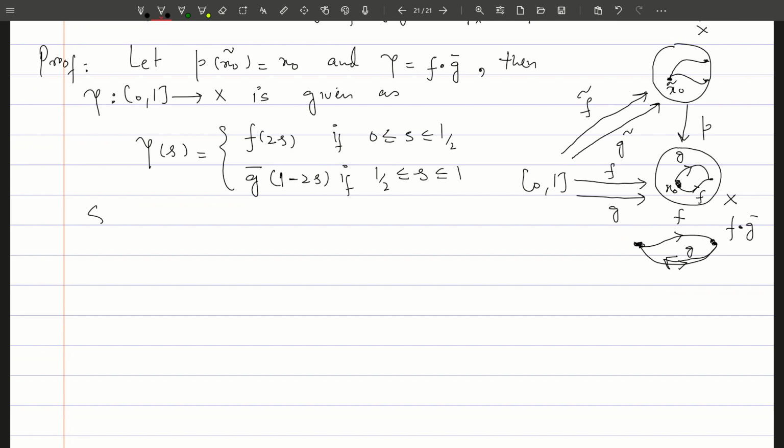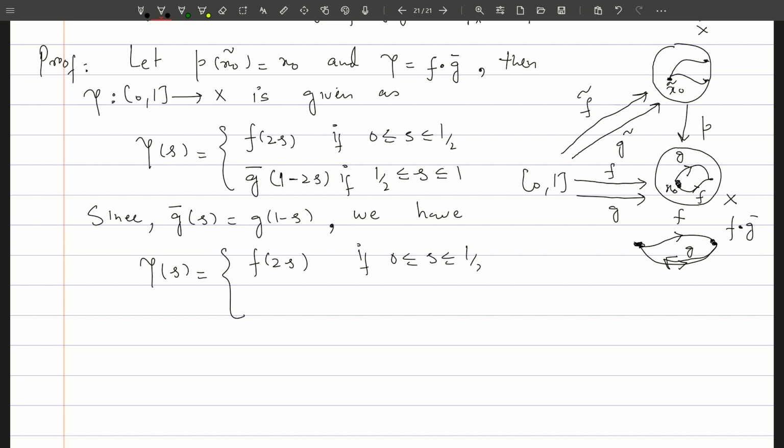Since g inverse of s is the same as g of 1 minus s, we can write gamma of s as f of 2s if s is between 0 and half, and g inverse of 2s minus 1 can be written as g of 1 minus (2s minus 1), because at half we have g of 1.